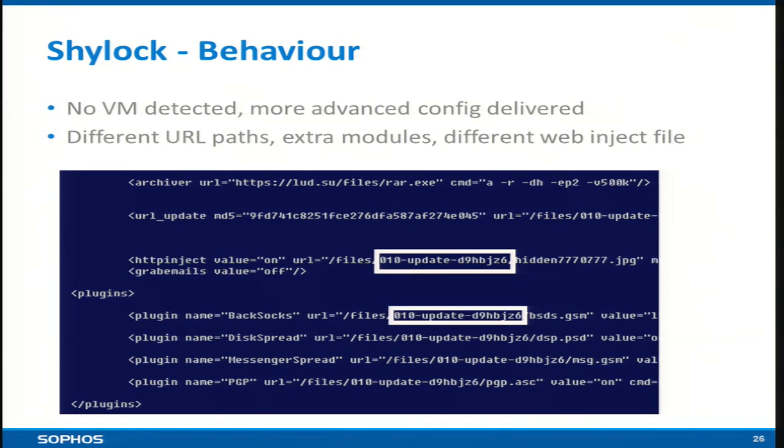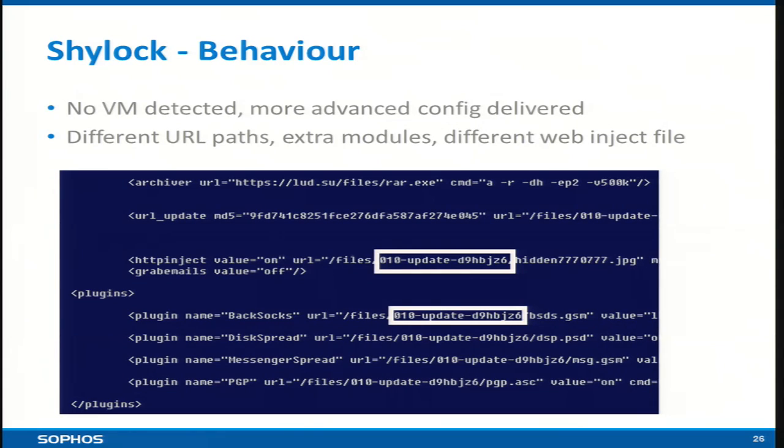We've got further plugins that are going to be downloaded and executed, and importantly, the URL path is different on every single entry. So we've now got an extra directory in there which includes a pseudo-random value, and that includes the web inject pack. So when a sandbox isn't detected, a different web inject file is going to be downloaded. And when you compare the two web inject files, the decoy file and the genuine file, you can see there's a lot of differences in there as well.